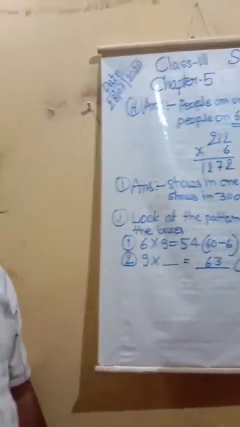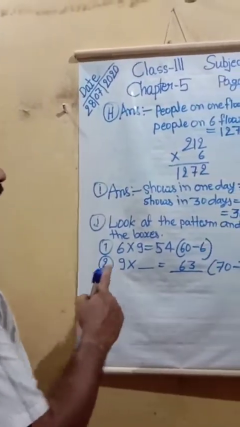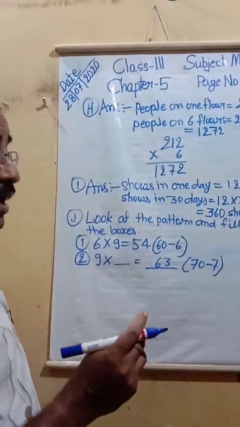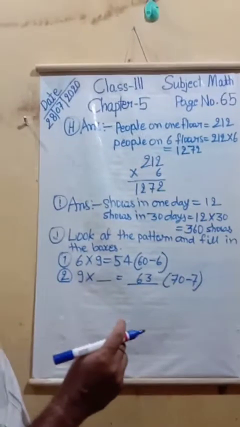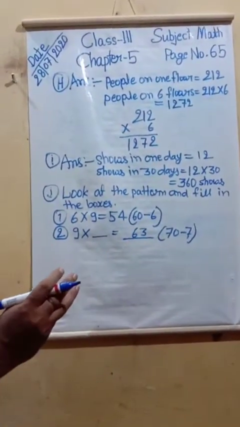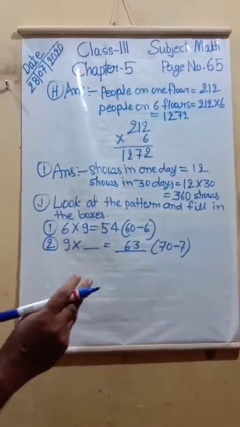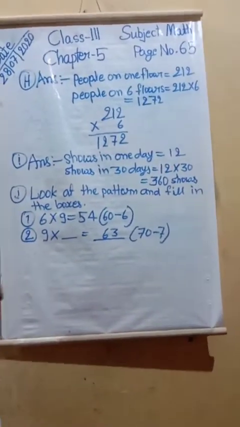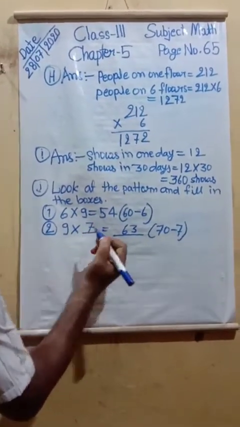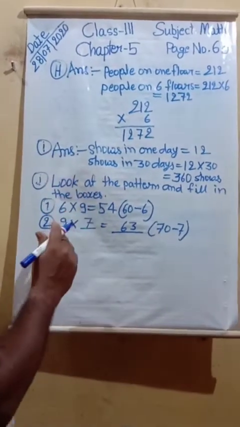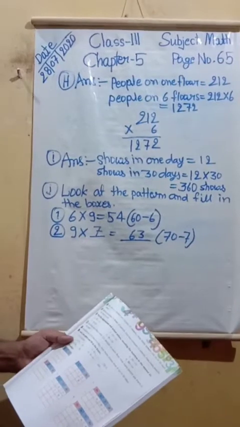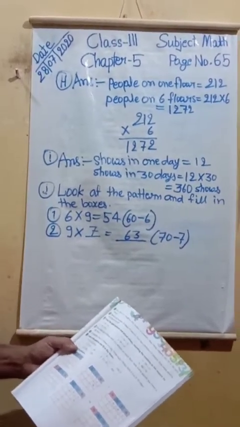Now we will read the table of 9. 9 1 ja 9, 9 2 ja 18, 9 3 ja 27, 9 4 ja 36, 9 5 ja 45, 9 6 ja 54, 9 7 ja 63. Then we will write here 7. As like this, you have to solve 1 to 5.